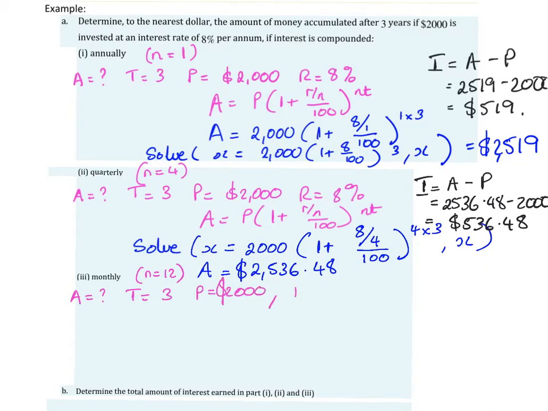Okay, and so this is still in your calculator. All you have to do is change the N value of 4 to 12 now. So A is equal to P times (1 plus R on N over 100) to the power of N times T. And so putting it into my calculator, which should be still there from the last question I've worked out, I'm going to put my N value as 12.